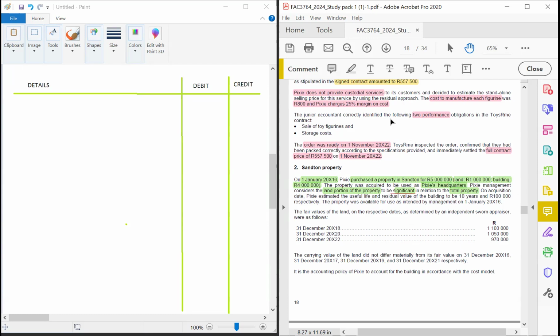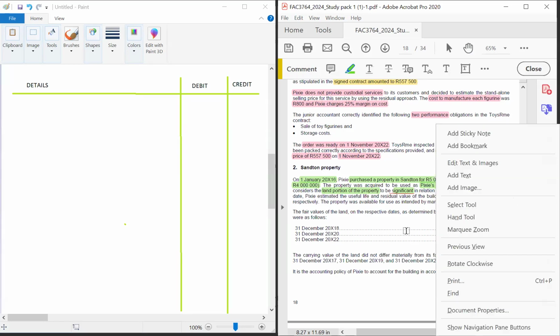So let's move on now. On acquisition date, Pixie estimated the useful life and residual value of the building. The useful life is 10 years. The residual value is 100,000.